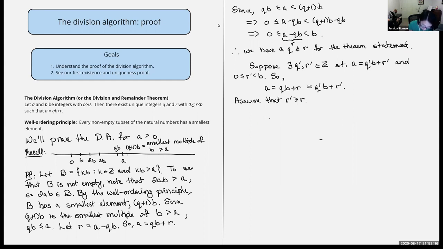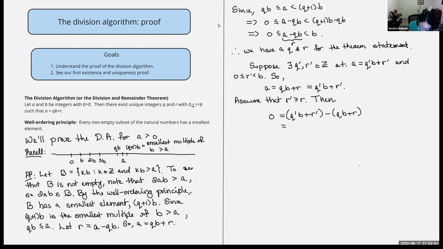So I'm going to subtract the QB plus R from the other side and say that I get then 0 is equal to Q prime B plus R prime minus QB plus R. Okay, and so now I'm going to do some algebra.